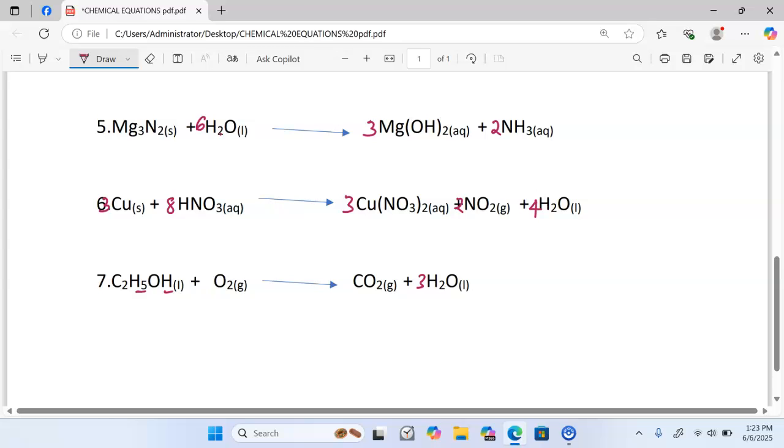And again, carbons, we have 2 here. We have 1 on carbon 4 oxide, and therefore we can balance carbon by writing 2 behind CO2. And by so doing, we have also affected the number of oxygens.